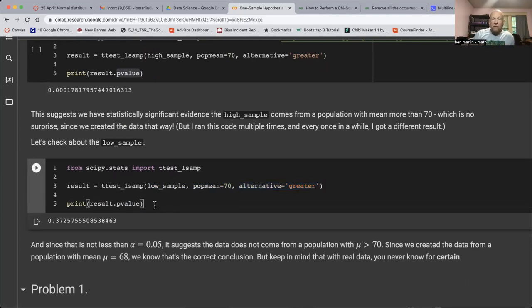And then the p-value it comes out with is 0.3726-ish, okay? More than 5%. So that means that the evidence that we have for this sample is not a strong indicator that we've got something that's more than 70%, okay?